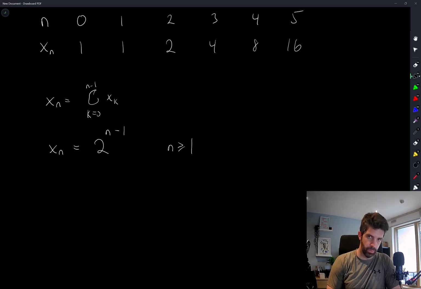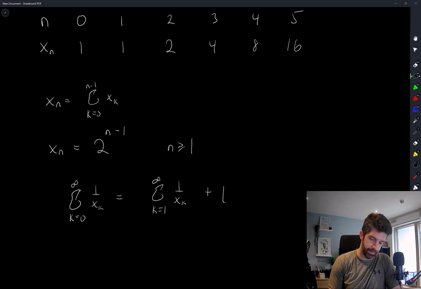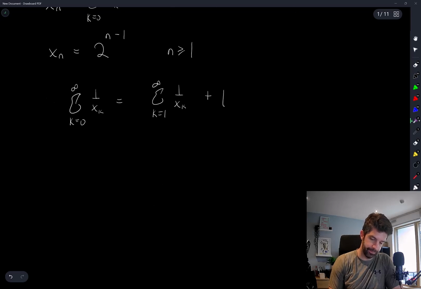Okay, so what we want is the sum as k goes from 0 to infinity of 1 over x_k. All right, well, this is 1 plus the sum as k goes from 1 to infinity of 1 over x_k. So this formula only applies for non-zero values of the index.